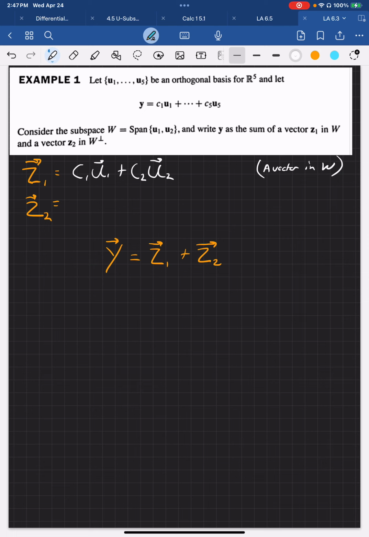So the requirement of this second vector, z sub 2, is it must be orthogonal to our subspace W. Well, let me finish it, and then you're going to say, oh my God, Professor, why did we take so much time to state the obvious?